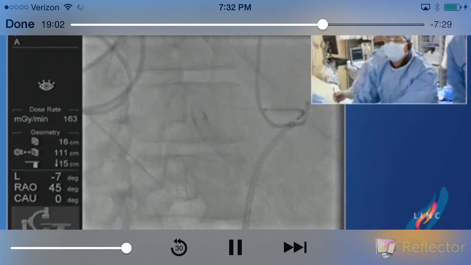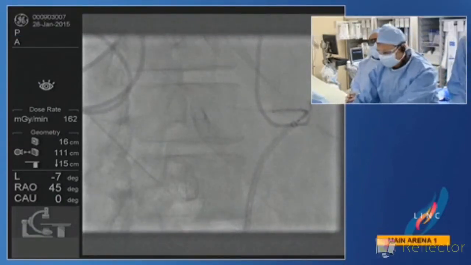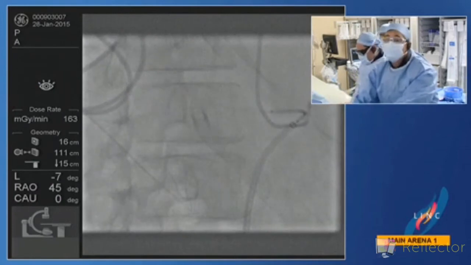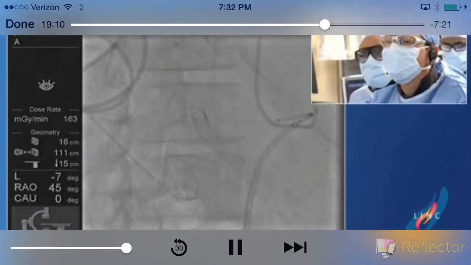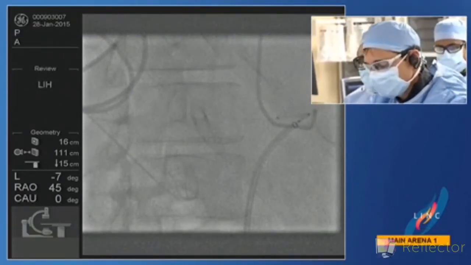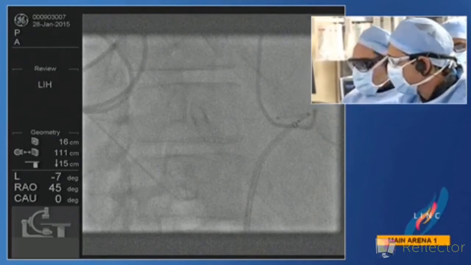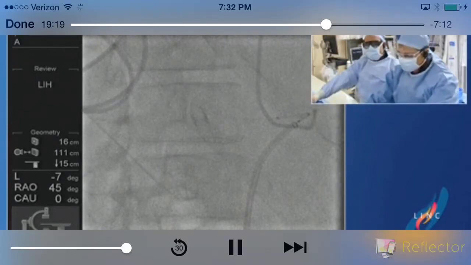Actually, I'm going to come back a little bit more so I don't have so much difficulty getting that ostial iCast. I'm going to deploy this right about here. The Viabahn came nicely there. And I'm going to back this out. We will get a run and see how we're looking at this point.